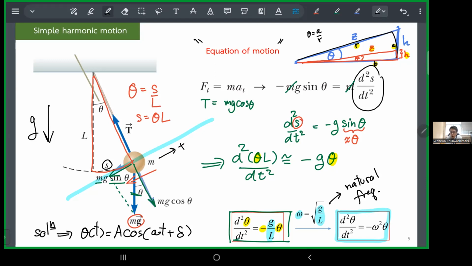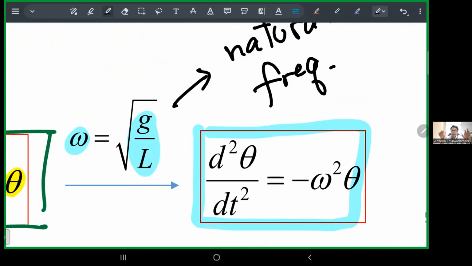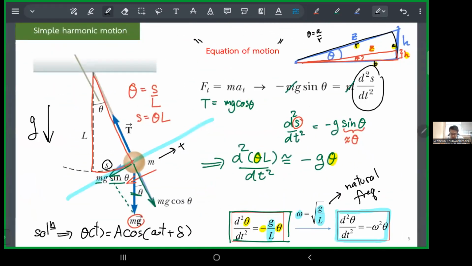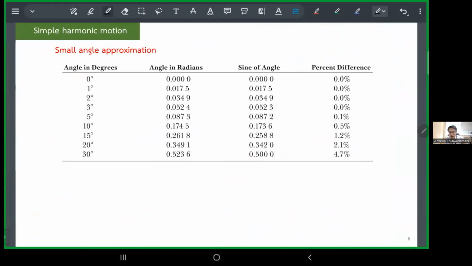Just to show you how cool this thing is, I can extend this concept: seeing this type of equation means it's a simple harmonic motion. I can expand this to another example. And just want to confirm that you understand what I'm doing over here. This table right here, just in case you're curious, showcases how close the sine of an angle is to the angle itself.